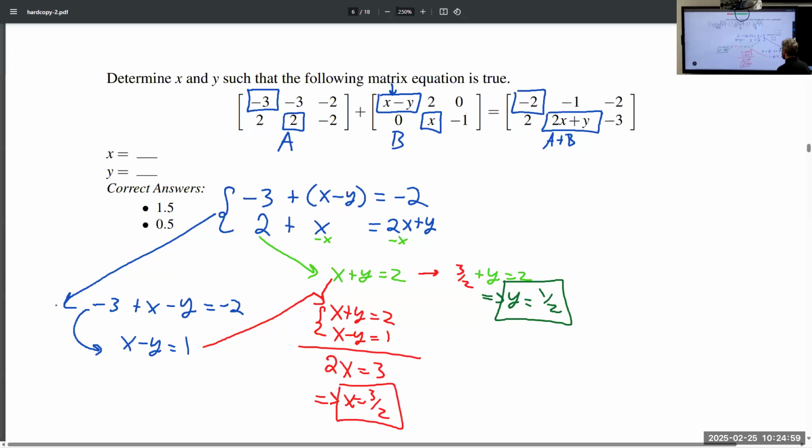So we have x equals 3 halves, y equals 1 half. Okay, it wanted it as decimals. So 0.5 and 1.5.